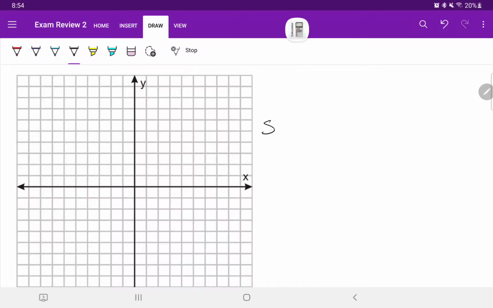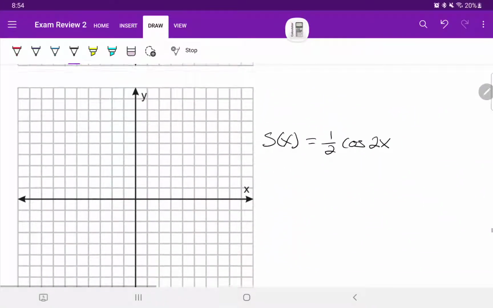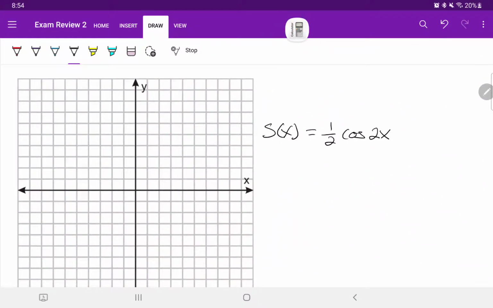S of x, 1/2 cosine of 2x. Now remember, we did that in section E. The period of that was pi.